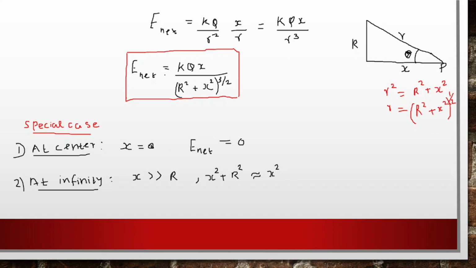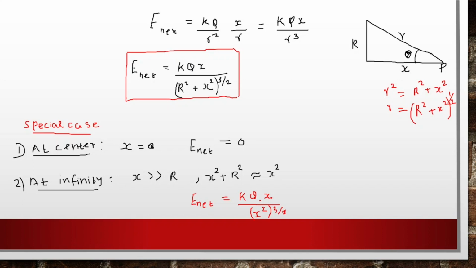So our equation E net becomes, E net is equal to k q x by x square plus R square becomes x square, all raised to 3 by 2.